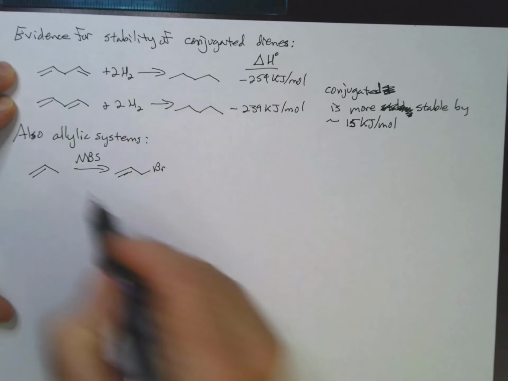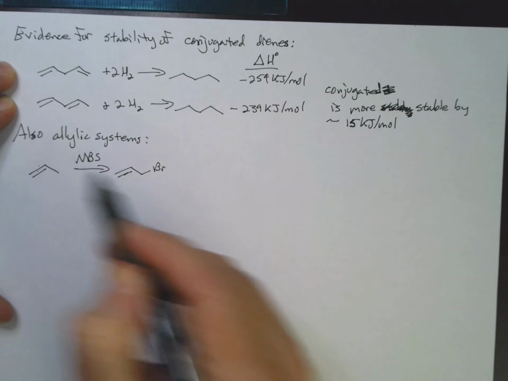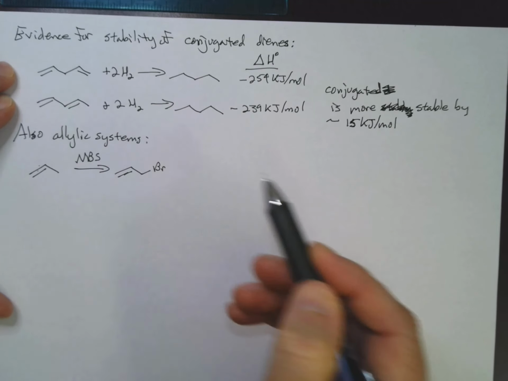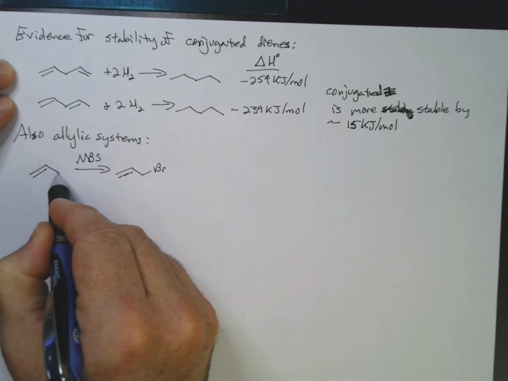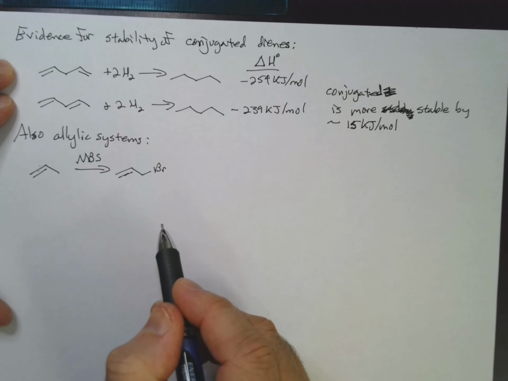If we use Br2, we would add here, but notice that with just NBS, we don't add here. So something's going on at this allylic position, given that it's right next to the double bond. So that's kind of interesting.